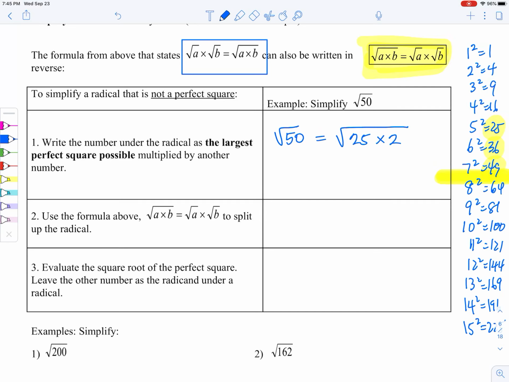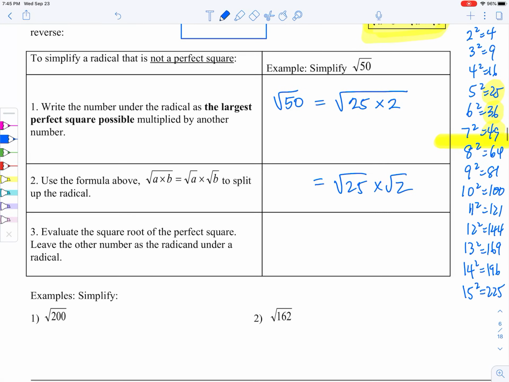So I'm going to take root 25 times 2 and separate it into root 25 times root 2. Here's where the "in disguise" came in. I'm going to figure out that root 25 equals 5, and root 2 stays root 2, so root 50 equals 5 root 2.